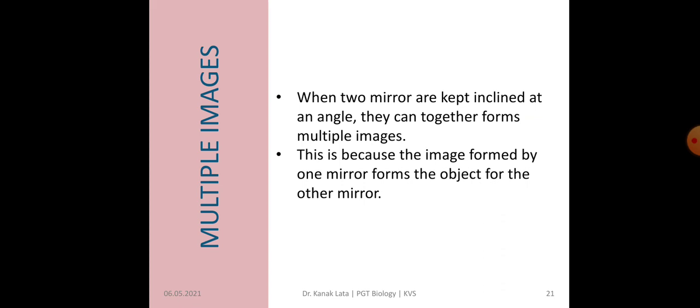When two mirrors are kept inclined at an angle, they together form multiple images, and the number of images changes when you change the angle. Why does this happen? This is because the image formed by one mirror forms the object for the other mirror. So that is why you observe multiple images.